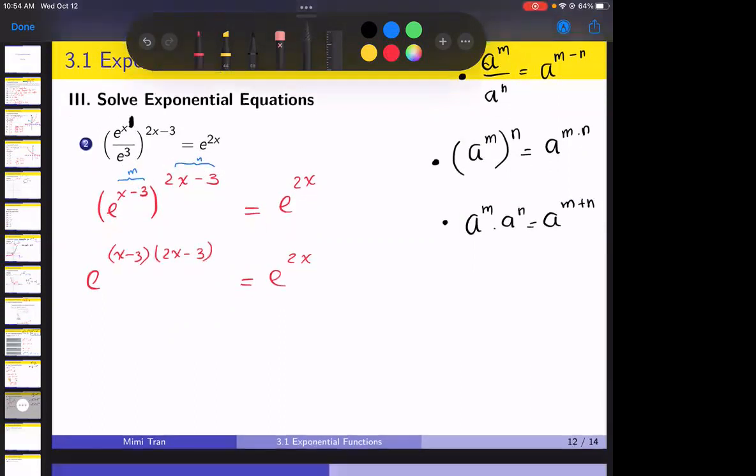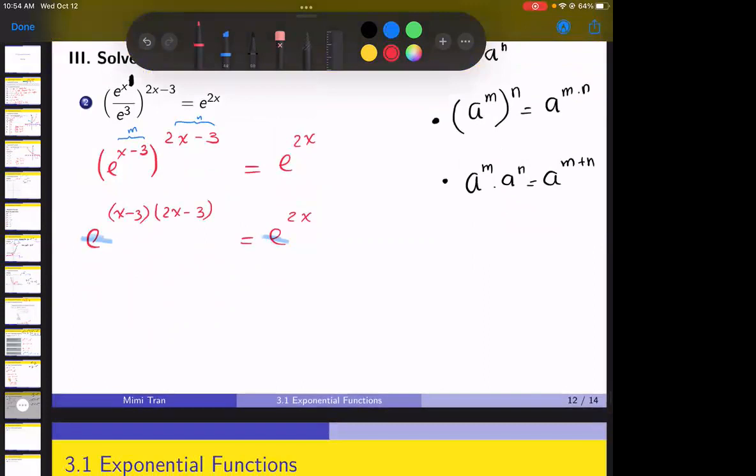Now I can drop, they have the same base. I can drop. If you want, you can do it like that. So let's FOIL it. I'll write it again. And now you can FOIL it.